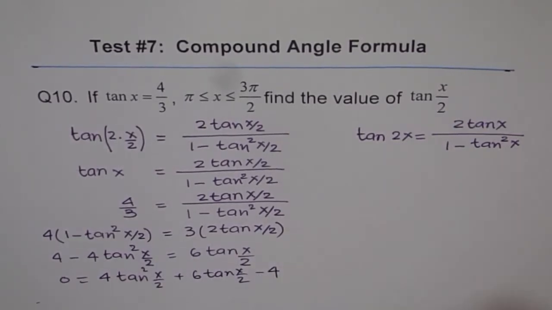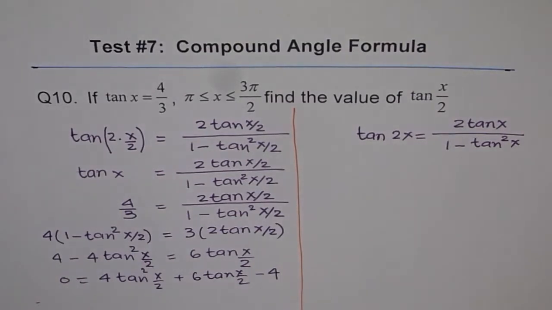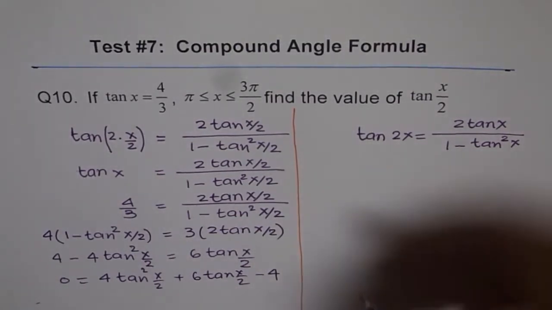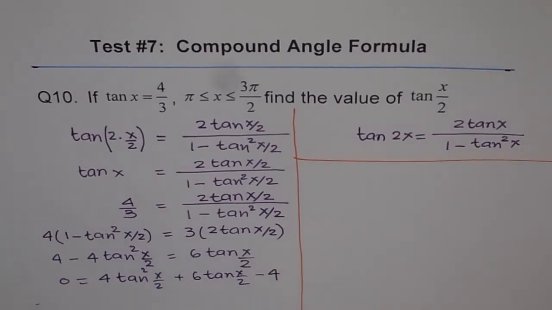So that is the quadratic equation in tan x by 2. Let's now try to solve this quadratic equation to get the answer. It can be factored also. We can factor out 2 at least, that is a common factor, and then solve it further.